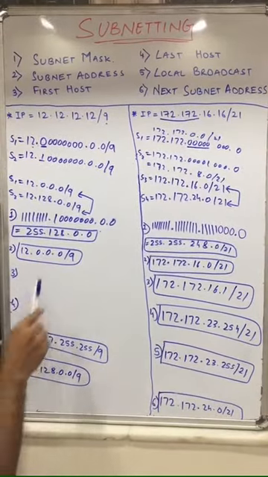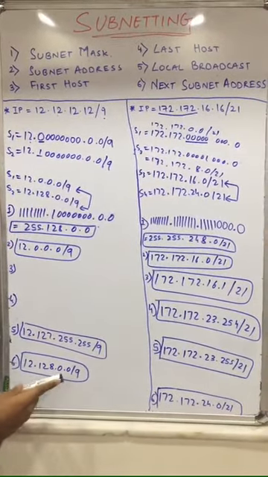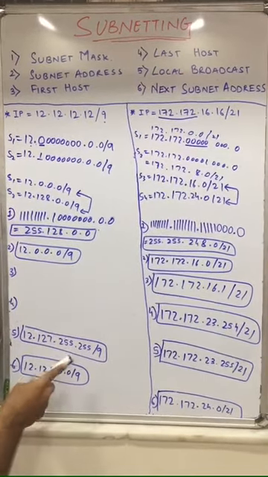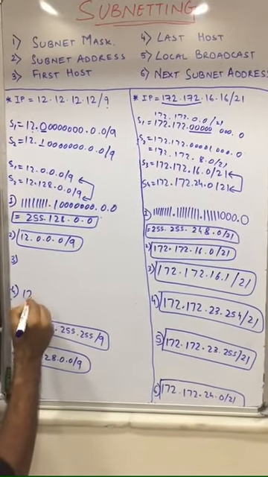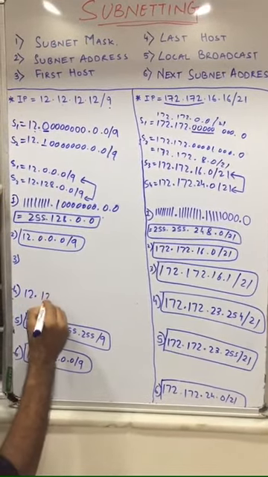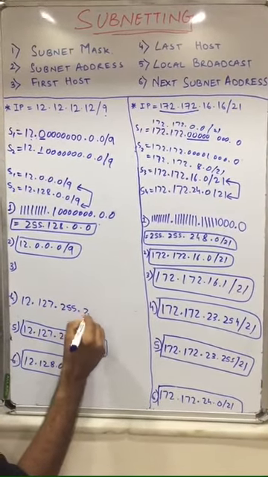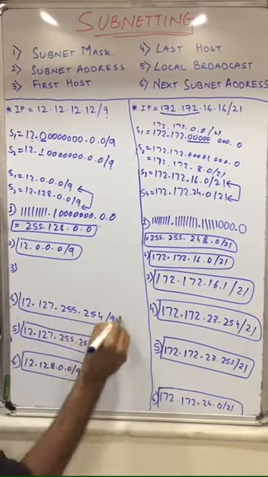Fourth, the last host. As we subtracted 1 from the next subnet address to get the local broadcast, if we subtract 1 from the local broadcast, we get the last host. So our answer will be 12.127.255.254/9.